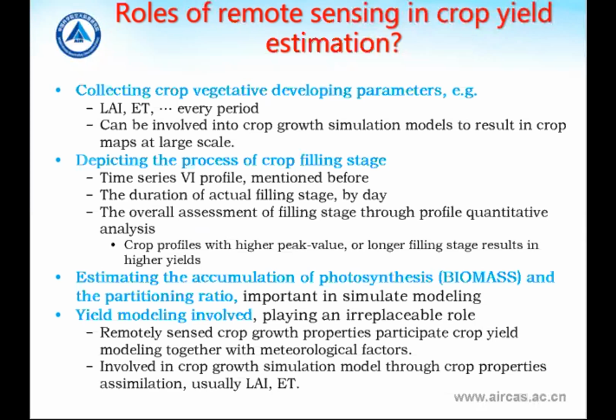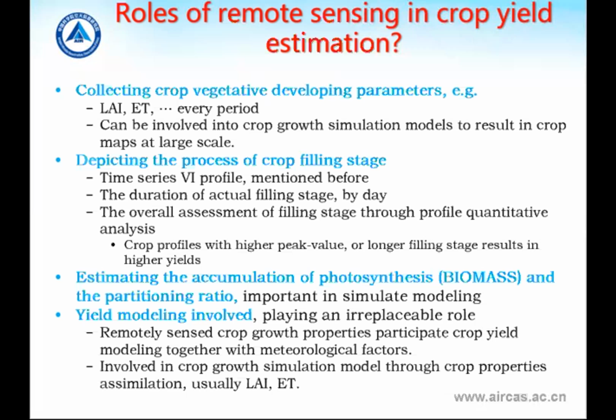These remote sensing indicators were mainly used to collect the crop developing parameters to depict the crop growth, to estimate the accumulation of the photosynthesis and the partitioning ratio.